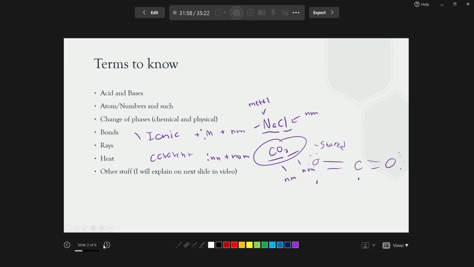It could literally be anything. You could have one that looks like this, which is a type of covalent bond too, which would be CH2O or something like that. They can be made in different ways, but these are all types of covalent bonds.